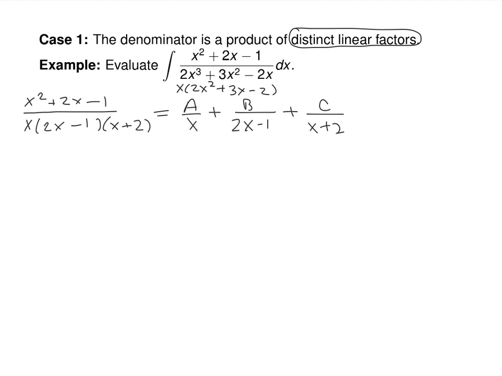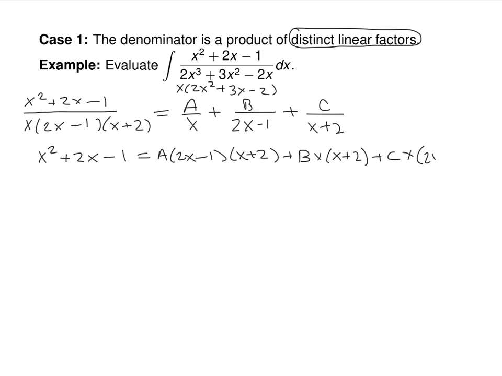So now multiply by the denominator, and you get x squared plus 2x minus 1 equals a times, now that factor won't have the x, but it will have the (2x minus 1), and it will have the (x plus 2). The b part will have the x, and it will also have the (x plus 2). And the c part will have x and (2x minus 1).